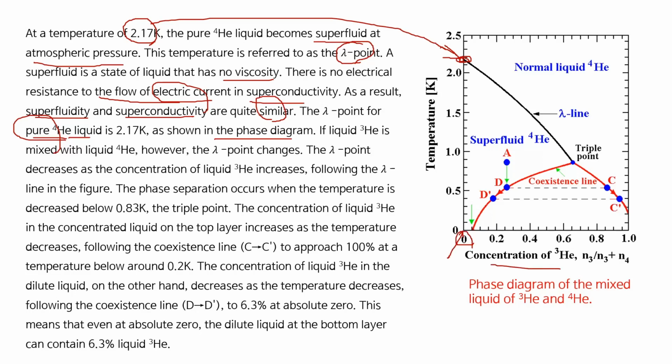So the x-axis represents the concentration of helium-3. So 0 means there is no helium-3 in the mixed liquid, so dilute liquid. So at that point, the superfluid transition temperature is 2.17 Kelvin at this point.